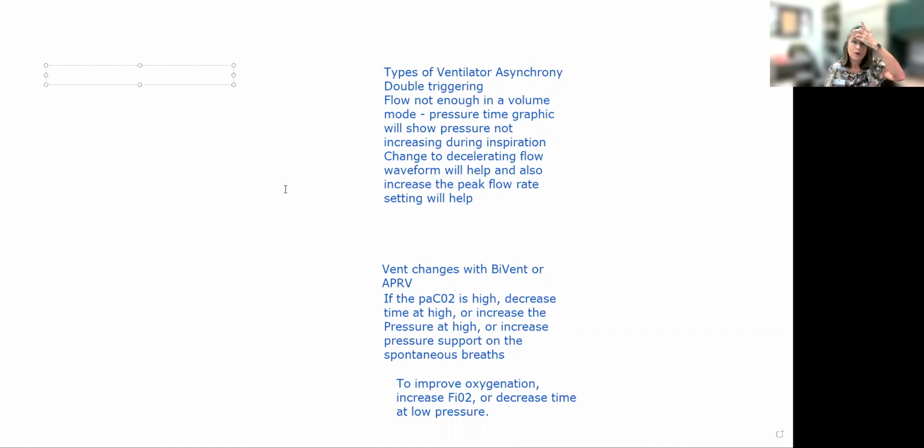How are you supposed to know if the patient's been in full support the whole time, or did you just happen to walk in when they're not breathing? You would go to the trends and look at the trends for respiratory rate, and that would tell you. What else with auto mode? Trigger timeout. Yeah, I think that was everything you need to know for auto mode.